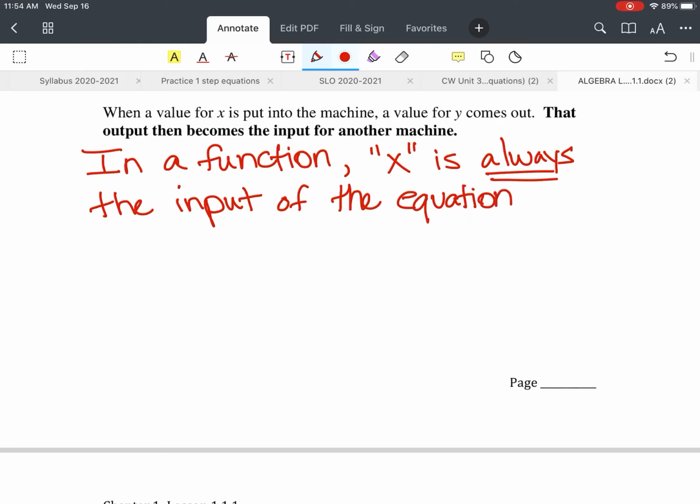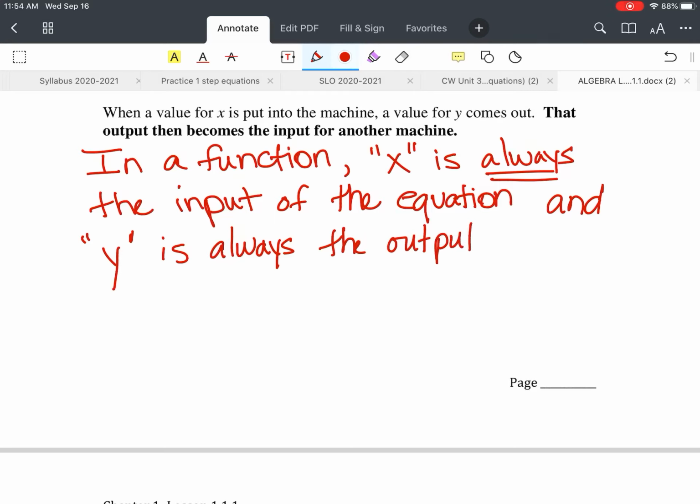And y is always the output. And if you need to write that down, hang on one second, I'll write it for you. Just remember, this will come in handy later.